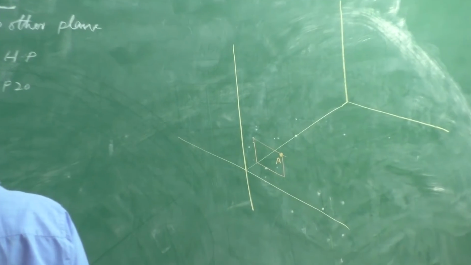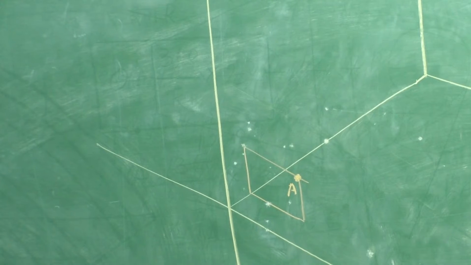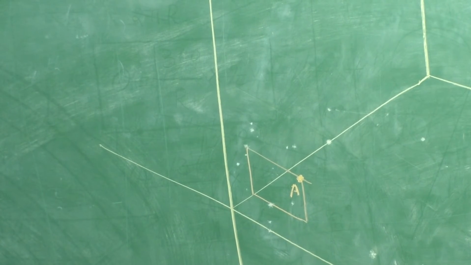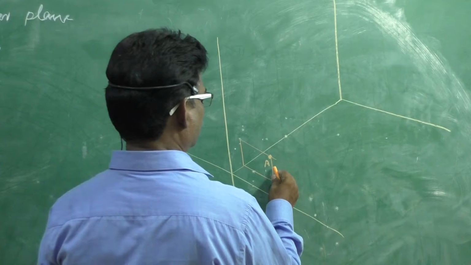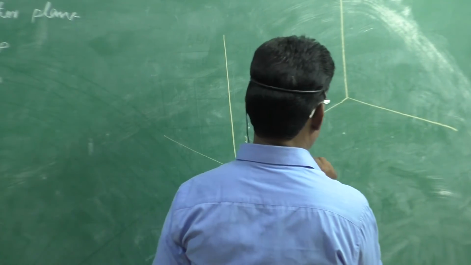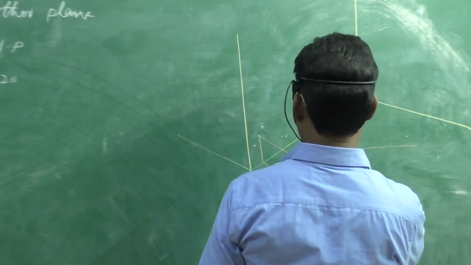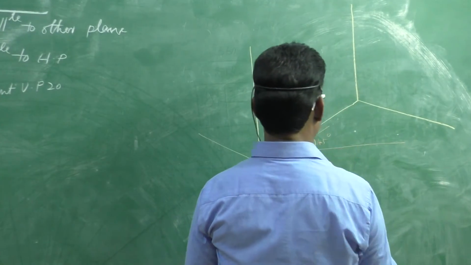Next, the line is inclined with the VP at 45 degrees and parallel to HP. If it is parallel to HP, the height is the same, 25, and it is inclined at 45 degrees.